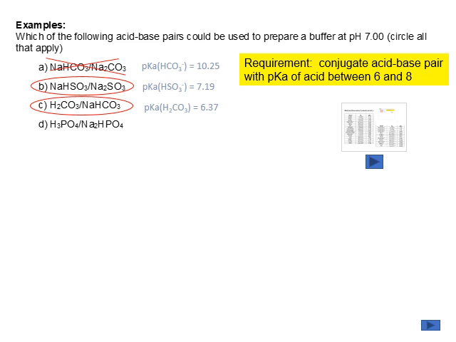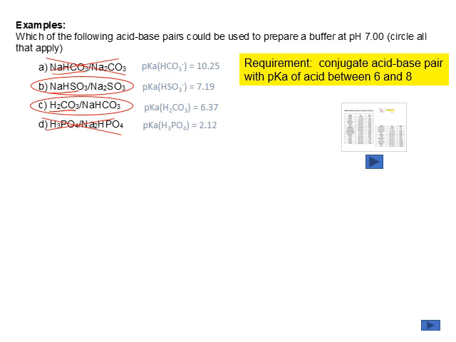Notice that we use the pKa in each case of the acid component. So for question C, we looked for the pKa of the carbonic acid rather than the pKa of hydrogen carbonate. Finally, the pKa of phosphoric acid is 2.12, so this conjugate acid-base pair would not be a suitable pair.